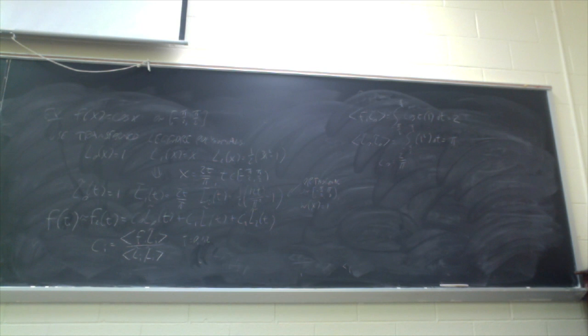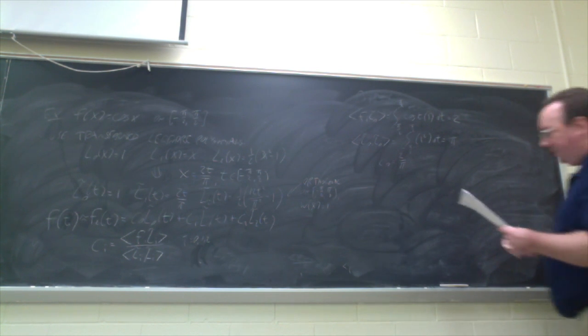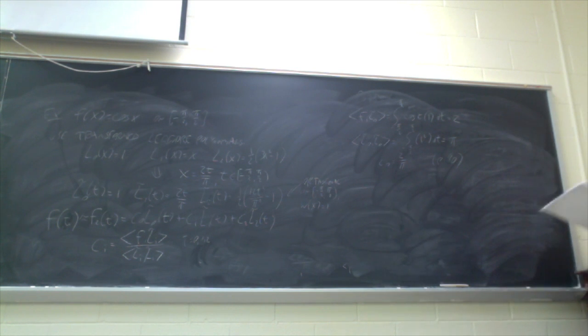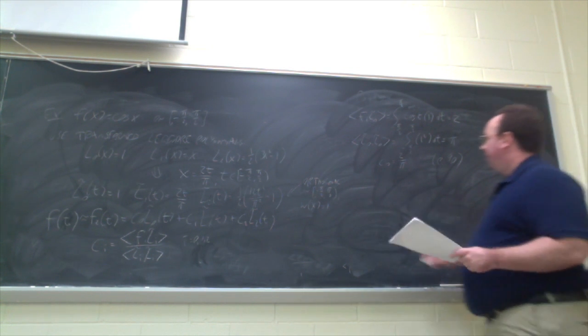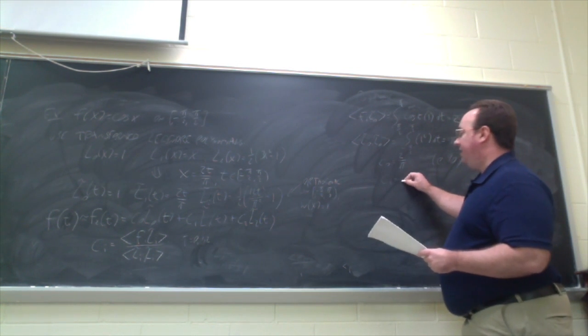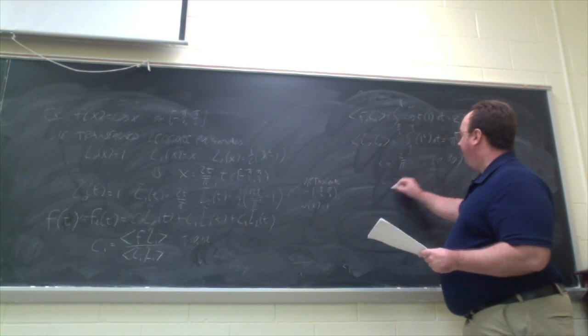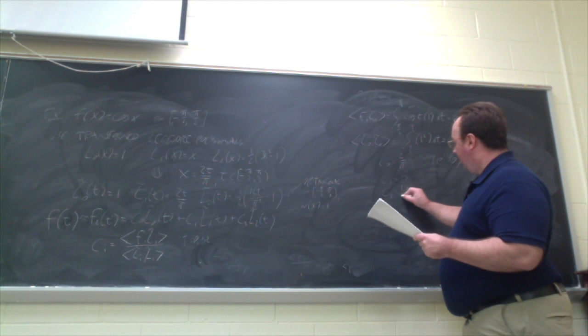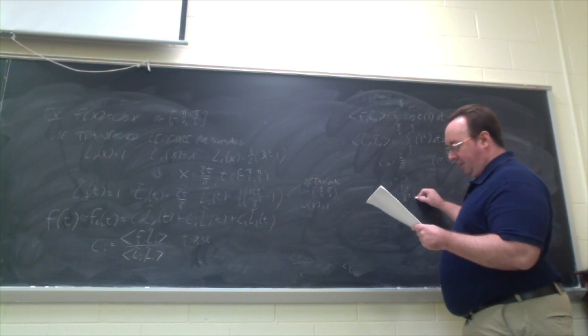So then I just compute the rest of these, and this is done on page 90 of the notes. Once we get all of the coefficients, C1 turns out to be 0, and then C2 turns out to be something that we worked out exactly.